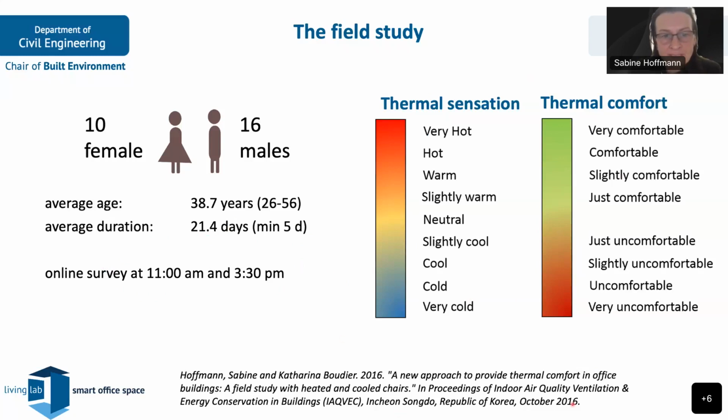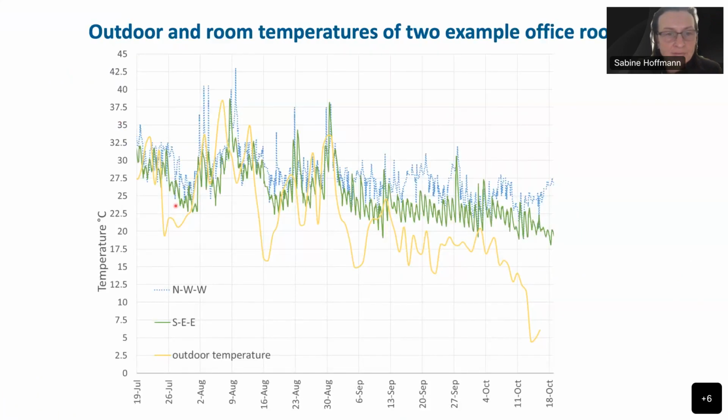And we used an extended 9-point sensation and 8-point thermal comfort scale. So during that time of the field study, ranging again from July 15th to October 18th, we had a really hot period in July and August. It was a very hot summer in all of Europe and in Germany in particular.